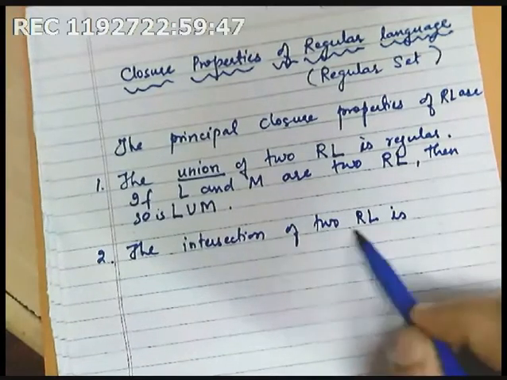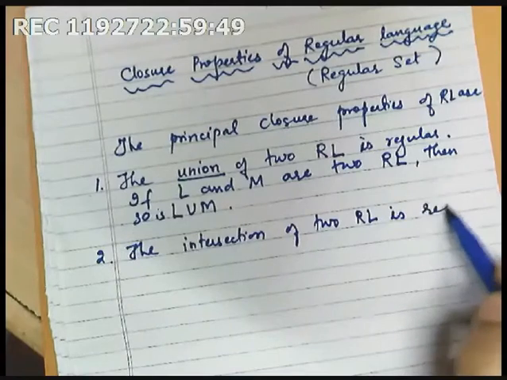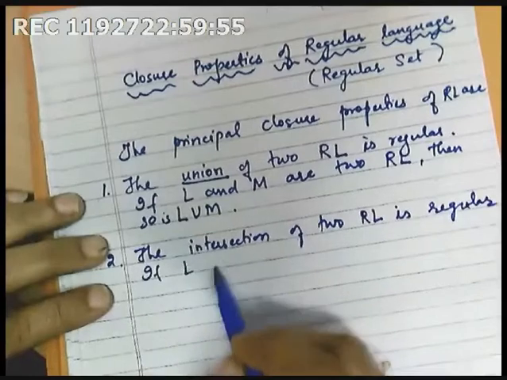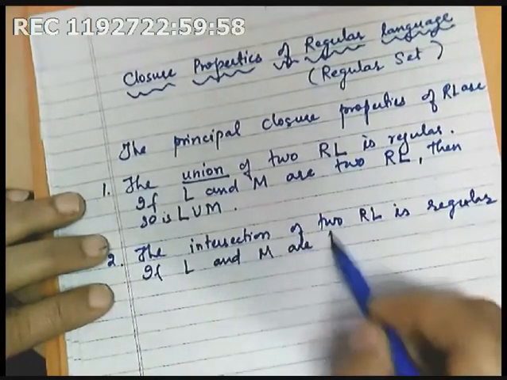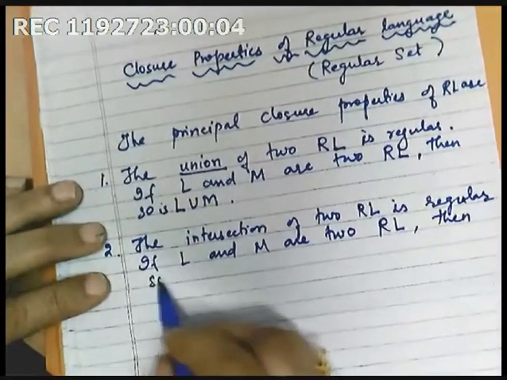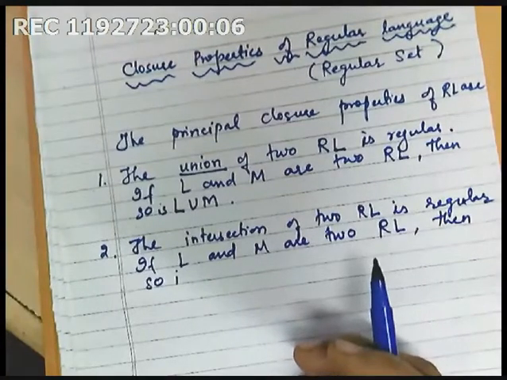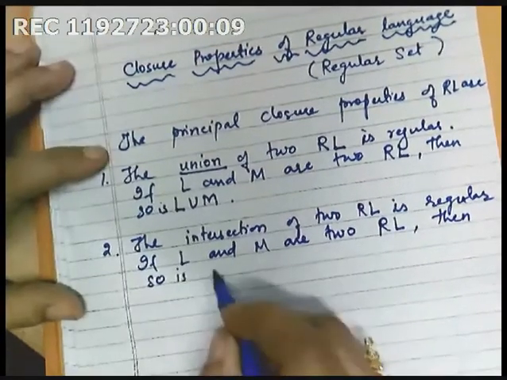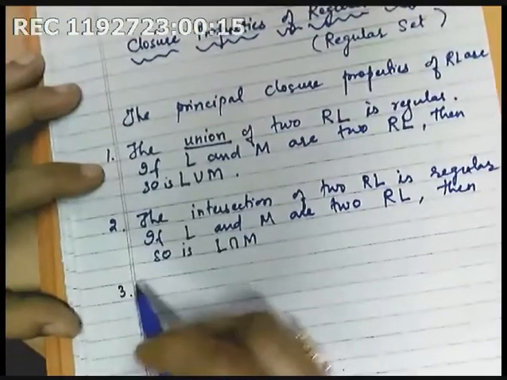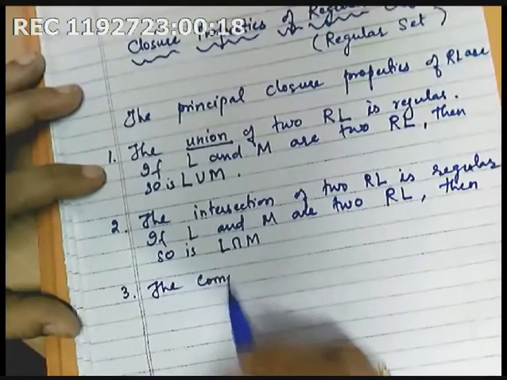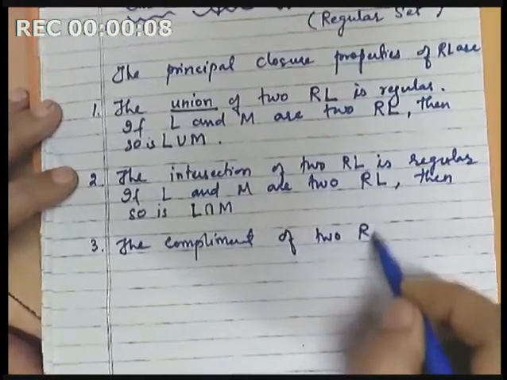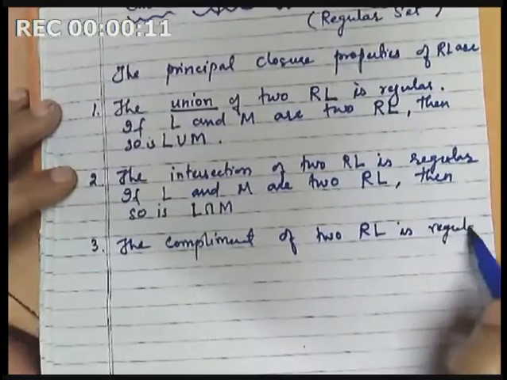The intersection of two regular languages is also regular. Again we have to express it: if L and M are two regular languages, then so is L intersection M. The third property is that the complement of a regular language is again regular.